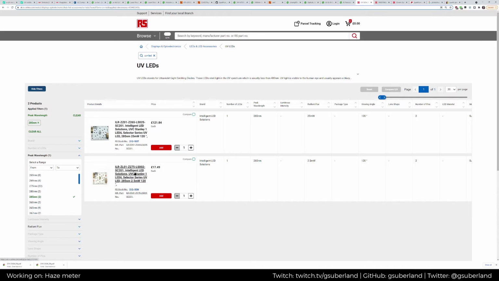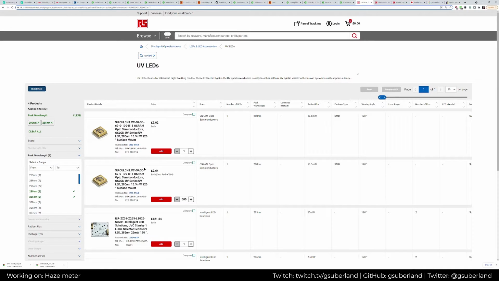Woo! That's steep. Oh, that's cheap. Oh, on a reel of 500. Okay, £5 is doable. It's pricey, but it's doable.